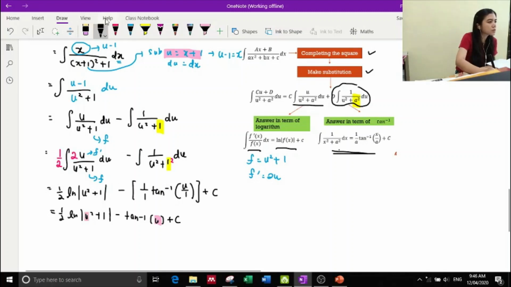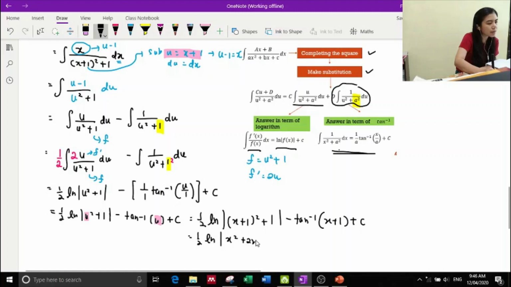So your answer is supposed to be in terms of x. So you have 1/2 ln. The u here is actually x plus 1 squared plus 1, and minus tangent inverse. Okay, the u is x plus 1. Right. Okay, what is inside the ln? You can expand it. If you expand it, we have x squared plus 2x plus 1 and plus 1 again.